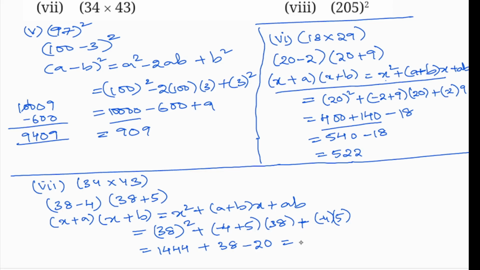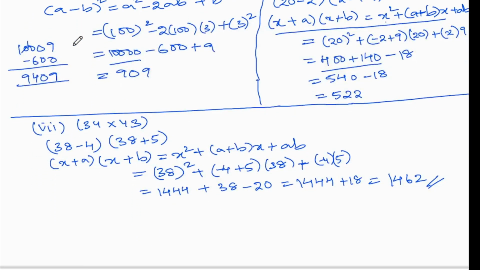Again, if we subtract, 38 minus 20 is 18. So if we add this 18 with 1444, we will get 1462.